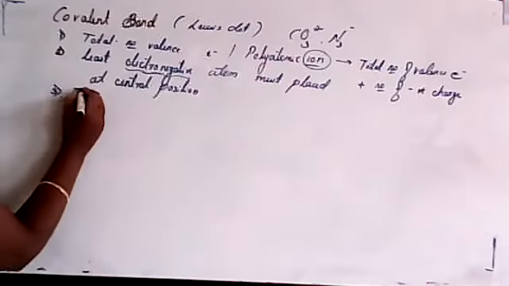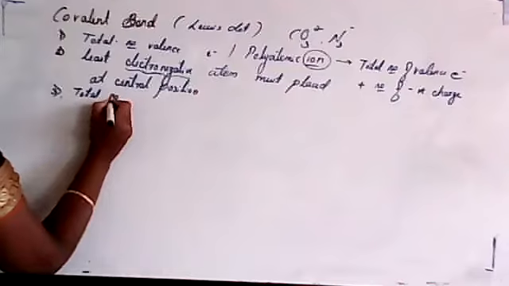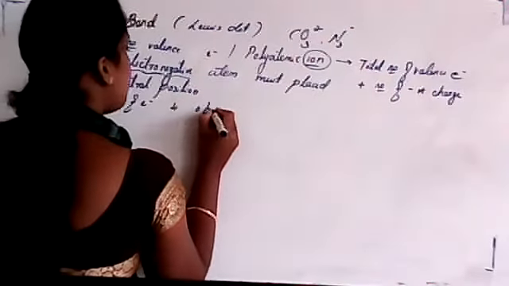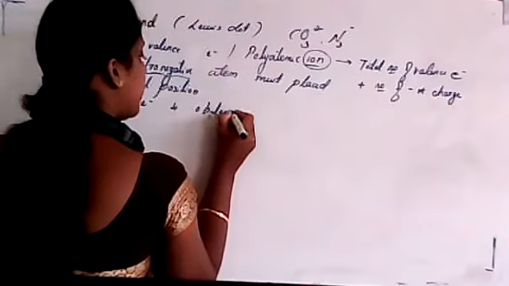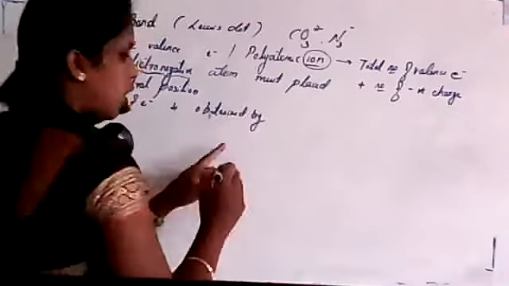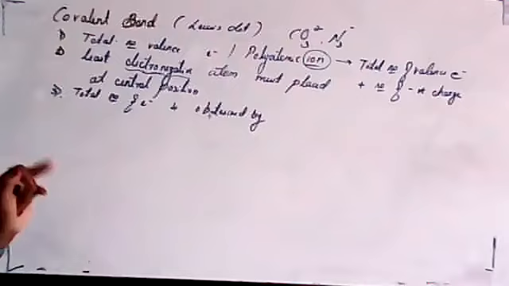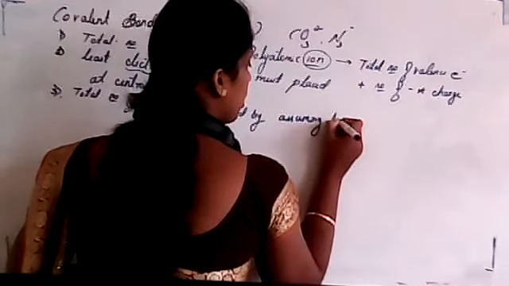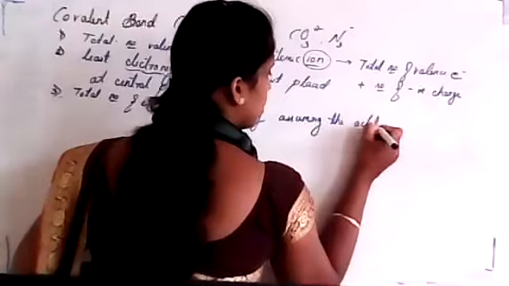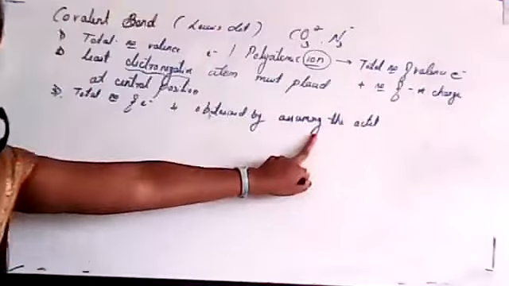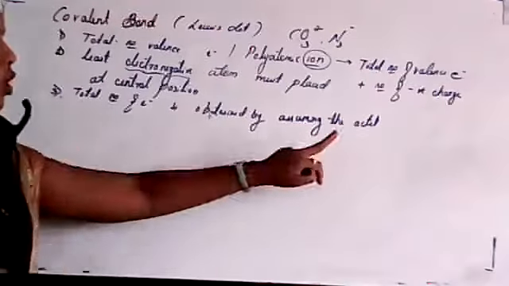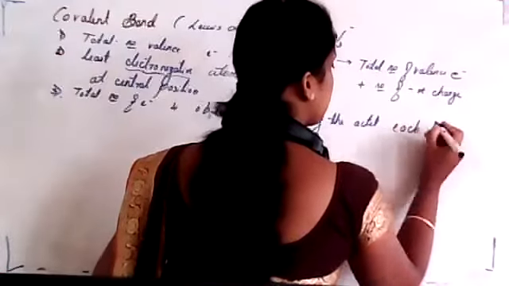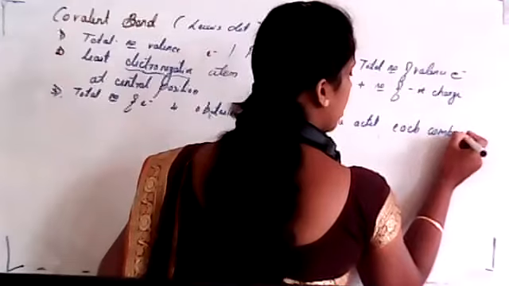and the last step, the total number of electrons is obtained by assuming the octet for each combining atom.